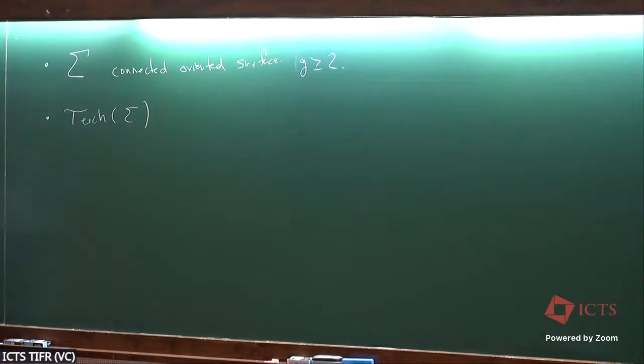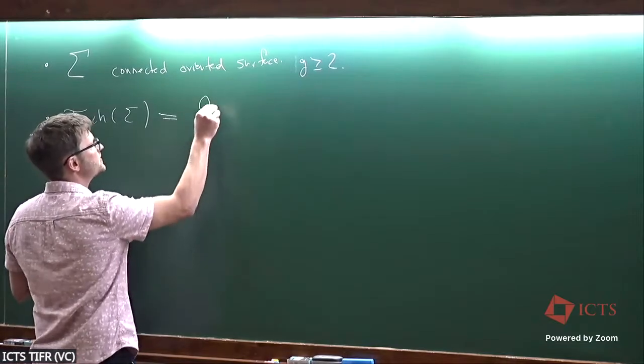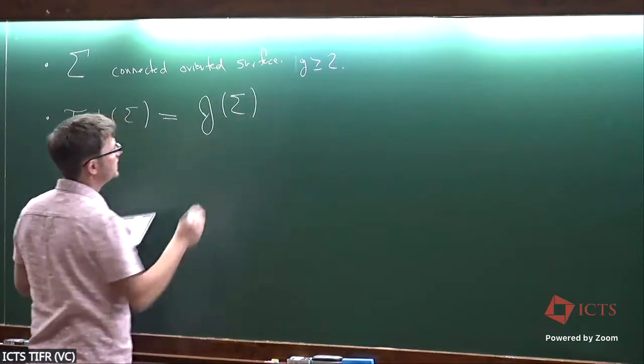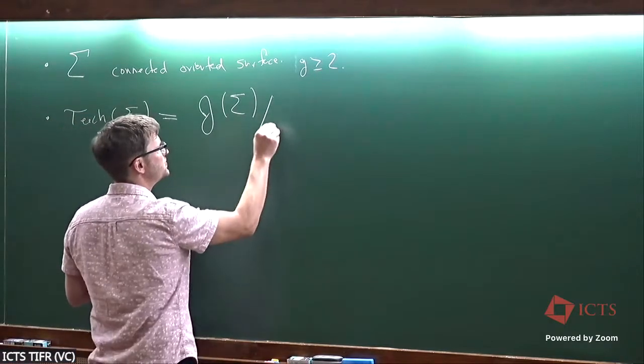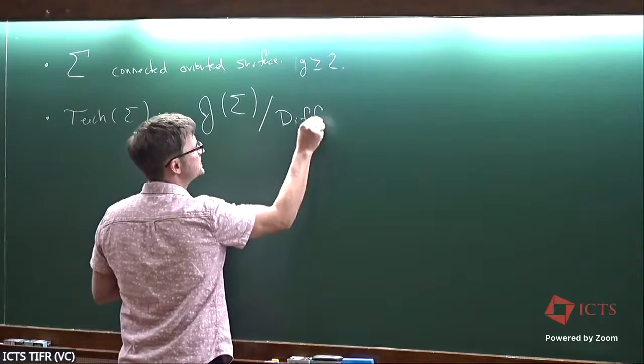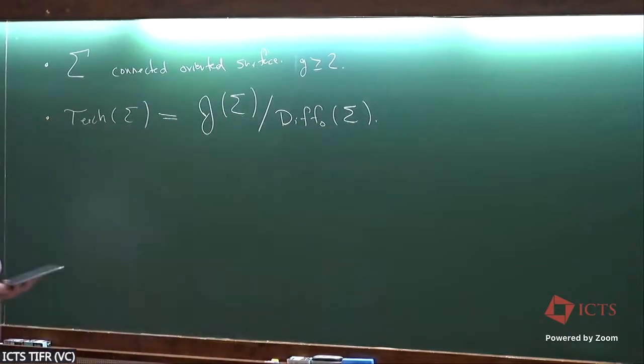This is a space which parameterizes ways of making my topological surface into a complex manifold. So it's going to be all complex structures on Sigma, which is a big infinite dimensional space, up to some notion of equivalence, and that notion of equivalence is acting by the identity component of the diffeomorphism group of Sigma.